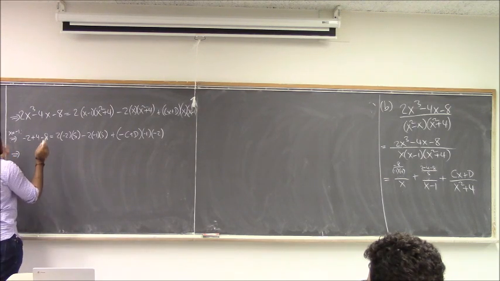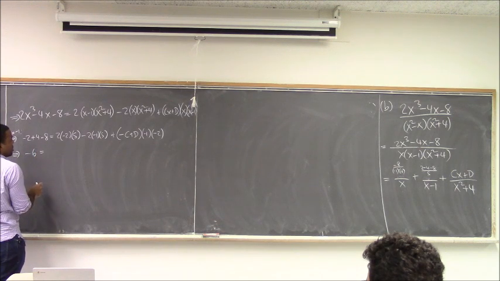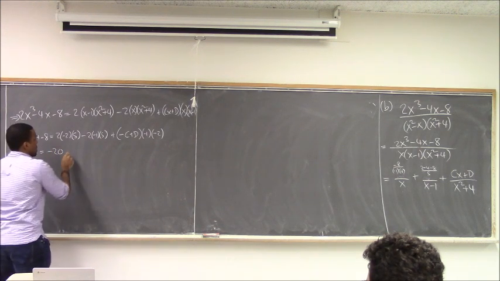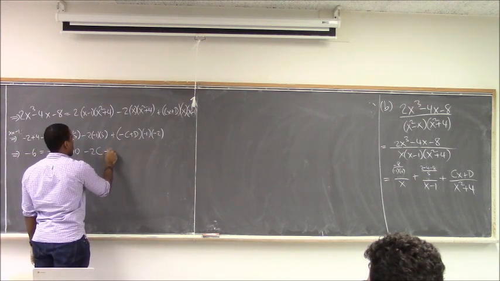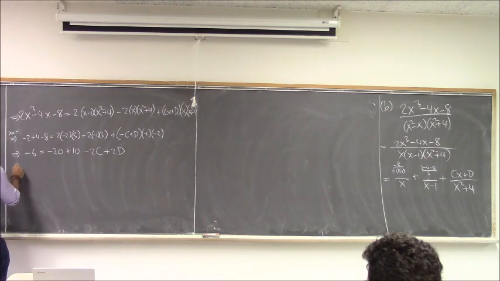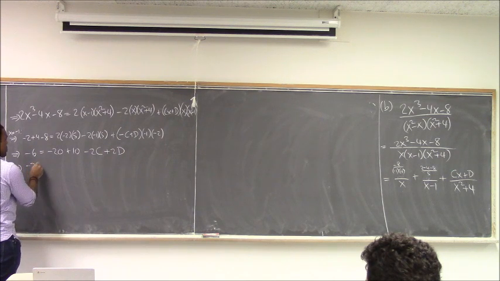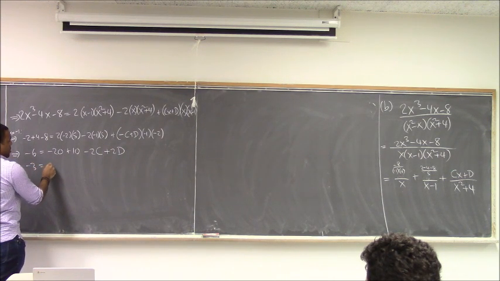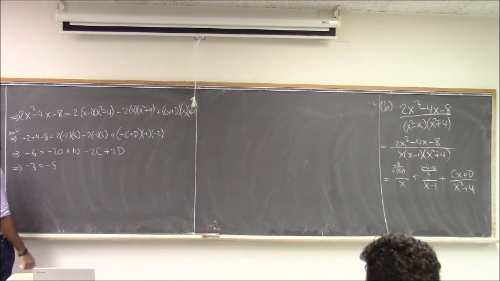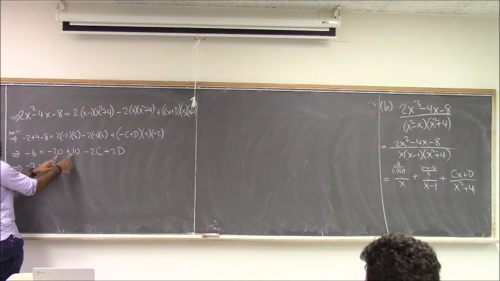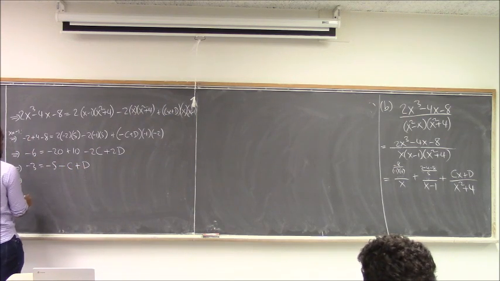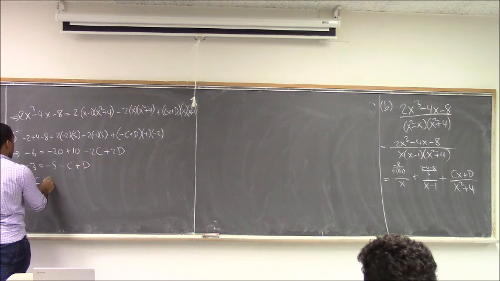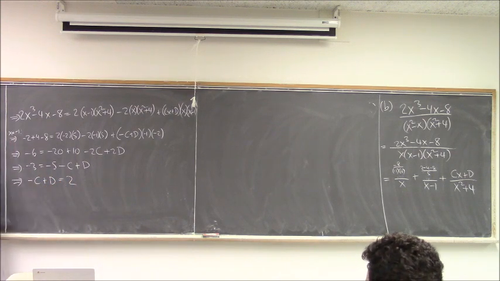So this is going to be -10 plus 4, that's -6. This is going to be -20 plus 10. This is going to be a positive 2, so that's -2C plus 2D. I could divide everyone by 2, I suppose. So this is -3 equals -5, because that's -10 divided by 2, so it's -5, minus C plus D. So in other words, I would get that minus C plus D is going to be equal to positive 2, right?